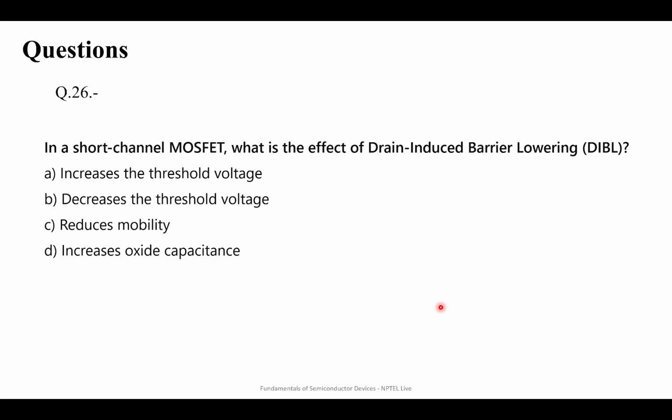In a short channel MOSFET, what is the effect of drain induced barrier lowering, or DIBL? Increases the threshold voltage, decreases the threshold voltage, reduces mobility, increases oxide capacitance.